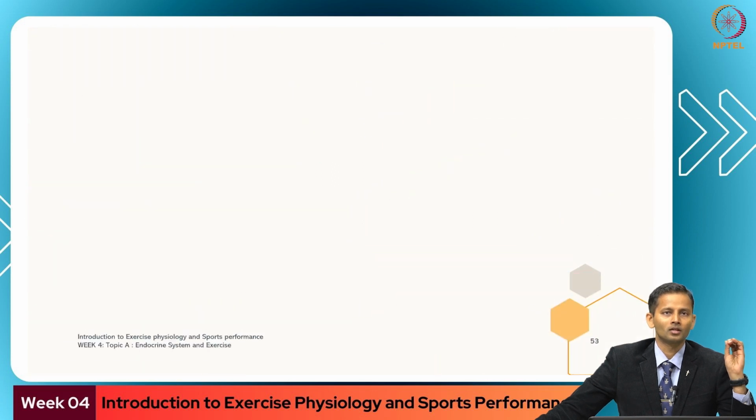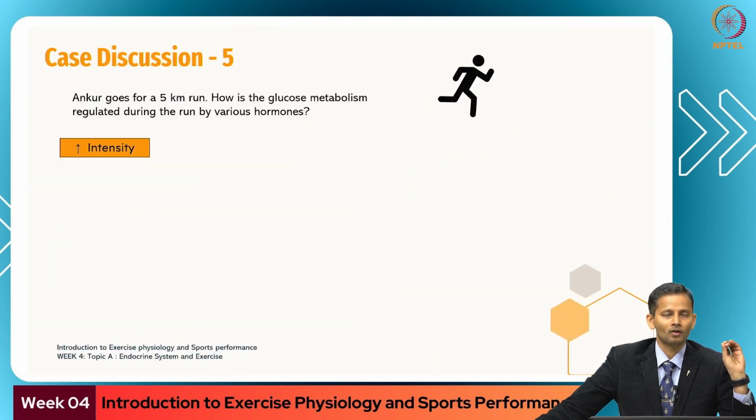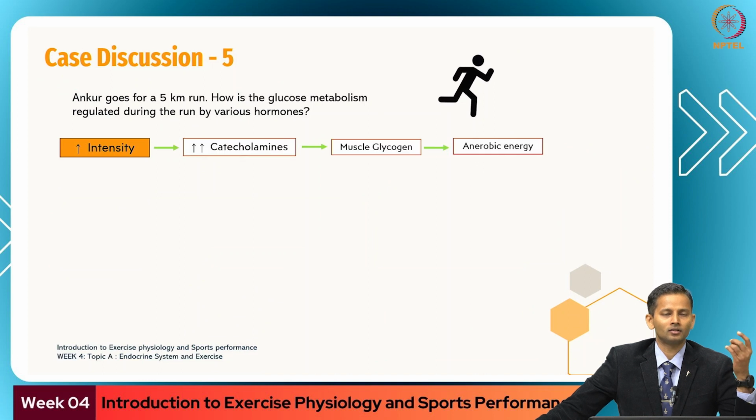Subsequently, with the intensity increasing, there is increased release of catecholamines. We have discussed that as the intensity increases towards the maximum, there is an increase in the catecholamines released, which results in increased utilization of muscle glycogen to give anaerobic energy.